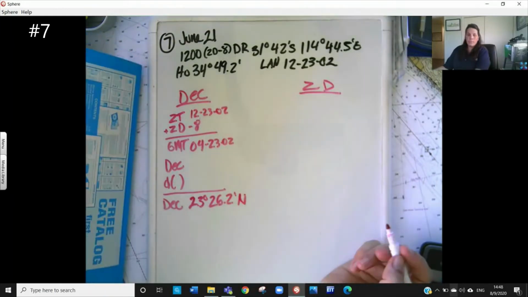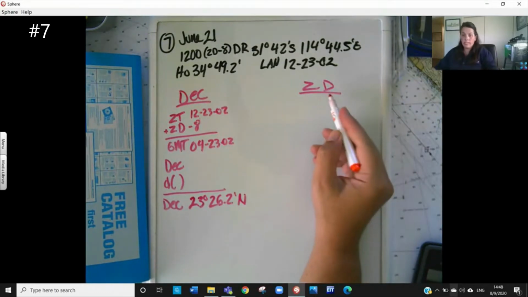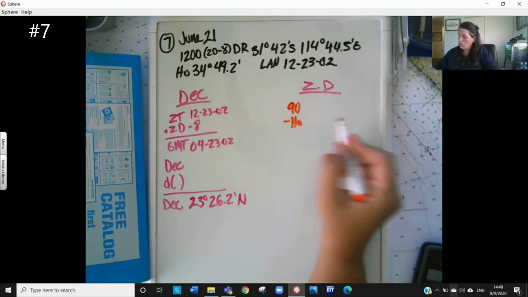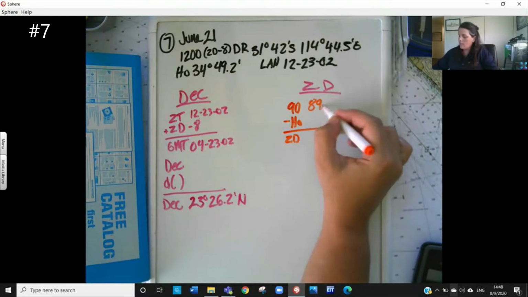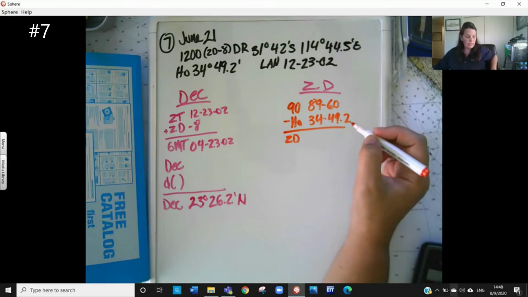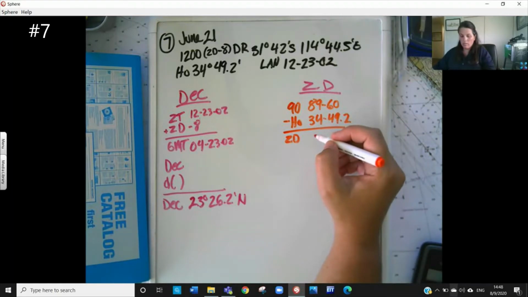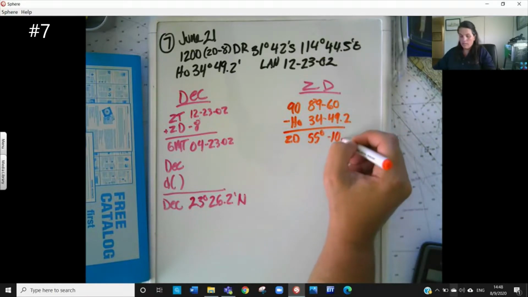Our zenith distance is going to be 90 minus the altitude, that's our HO. So we have 89 60 minus 34 49.2, and that gives us a zenith distance of 55 degrees, 10.8.